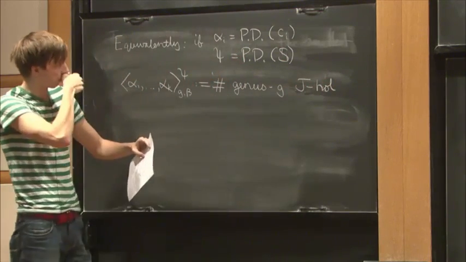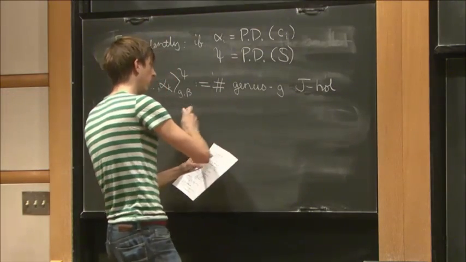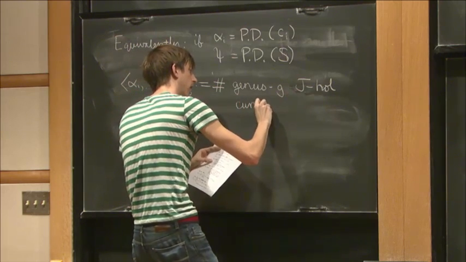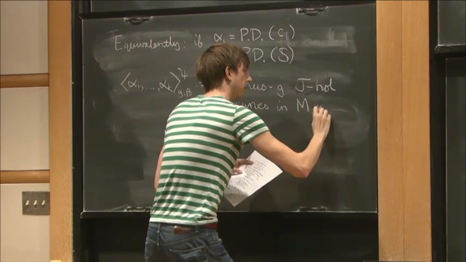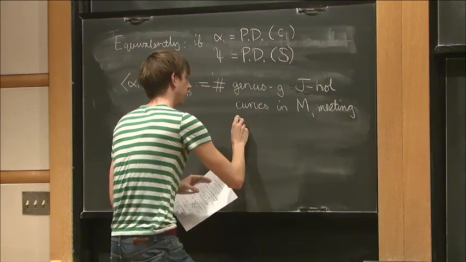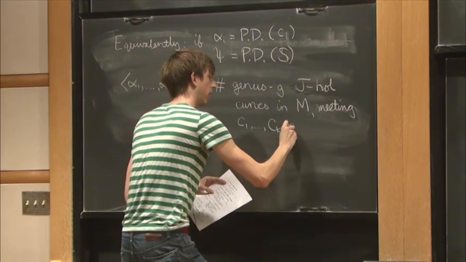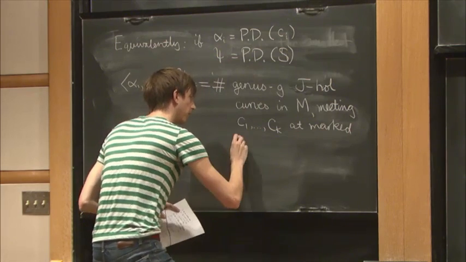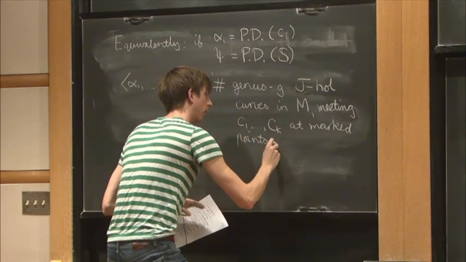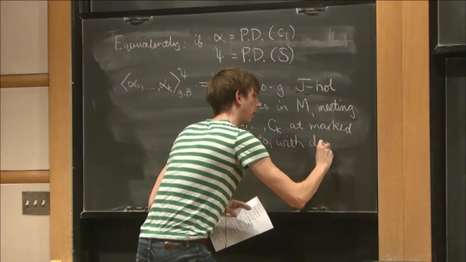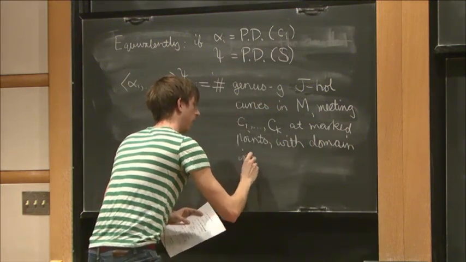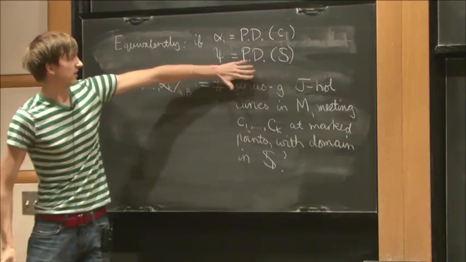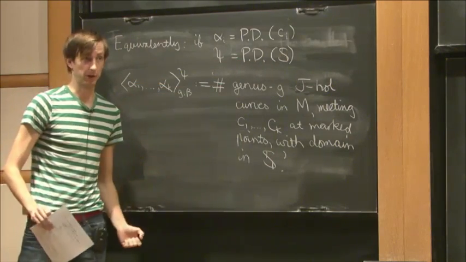If we choose cycles Poincare dual to all these guys, then what we're really counting with this invariant is the number of genus g J-holomorphic curves in M meeting these cycles at the marked points, and with domain in this subset of our space of possible domains.